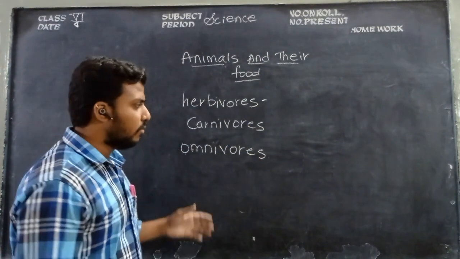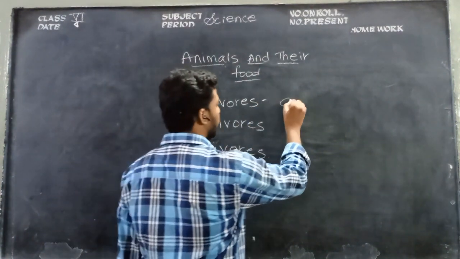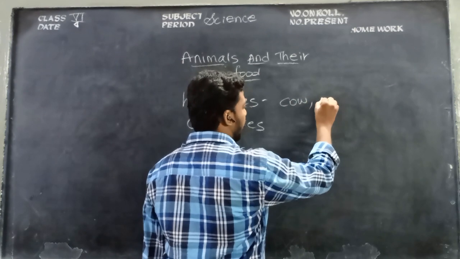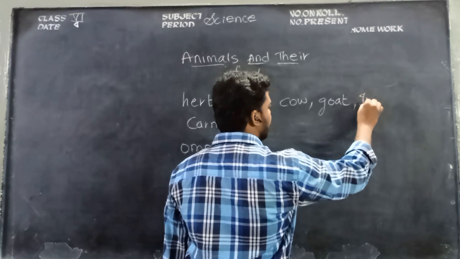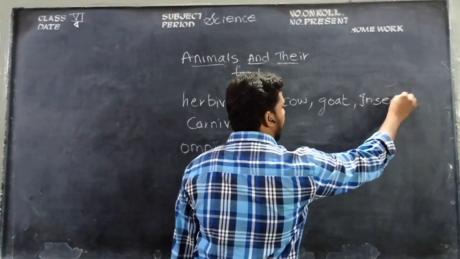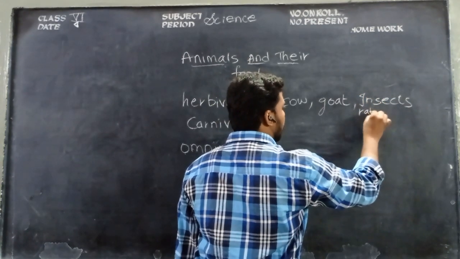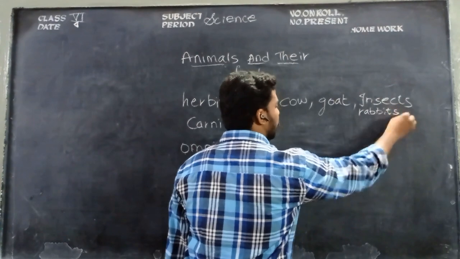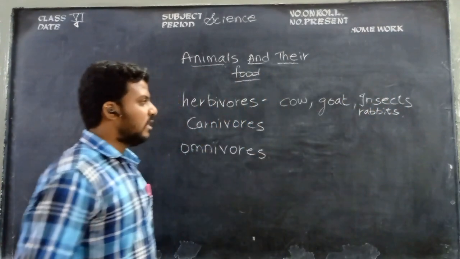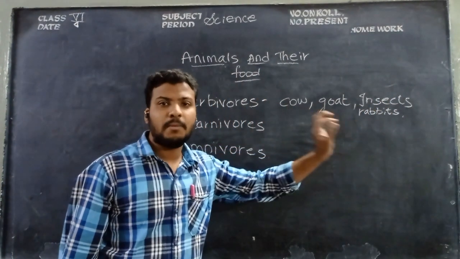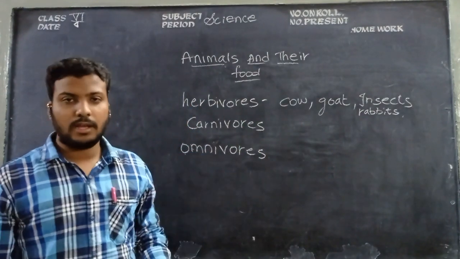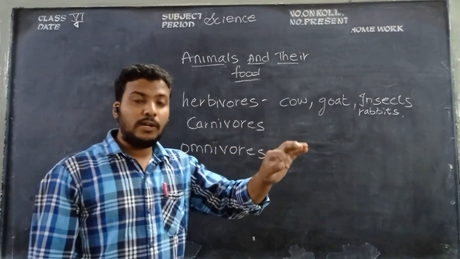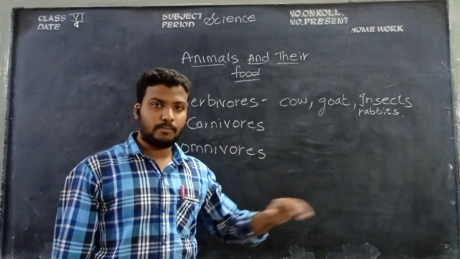Some examples are cow, goat, insects, and rabbits. These are all herbivores. These animals depend only on plants for food; whatever food they need, they eat only from plant products.